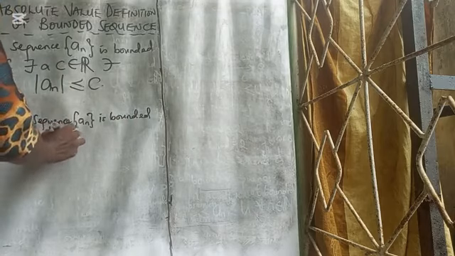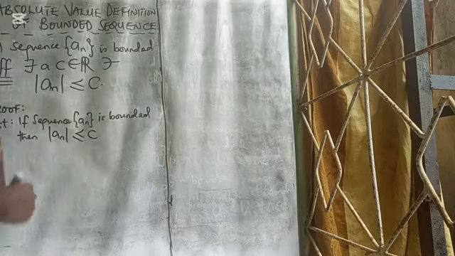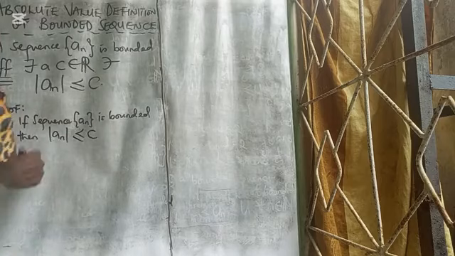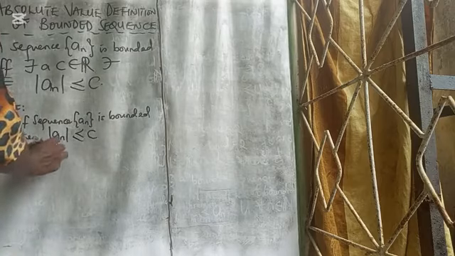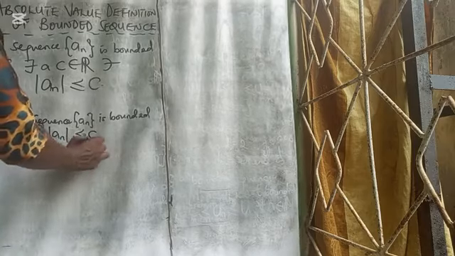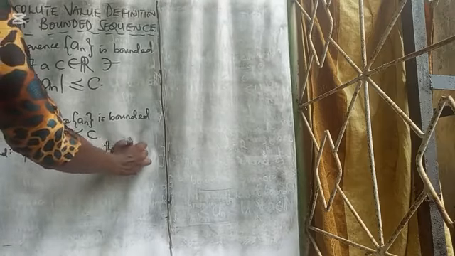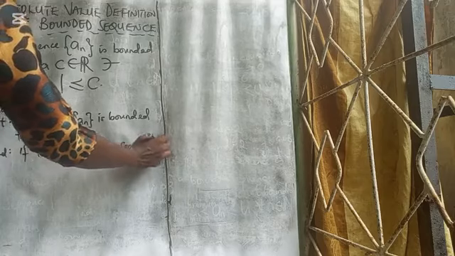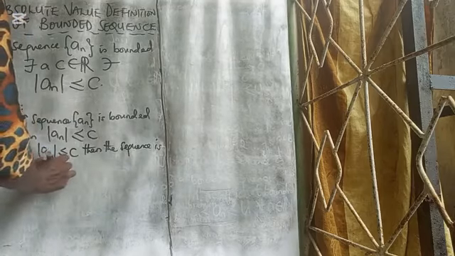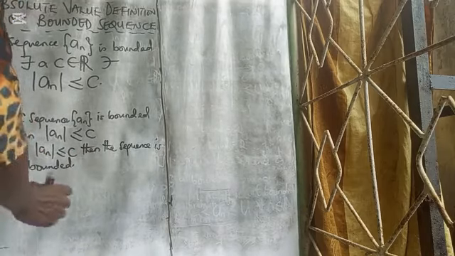The absolute value of A sub n will be less than or equal to C. Then the second side of the proof is to show that if the absolute value of A sub n is less than or equal to C, then the sequence is bounded. That's why I said it is a two-way proof.